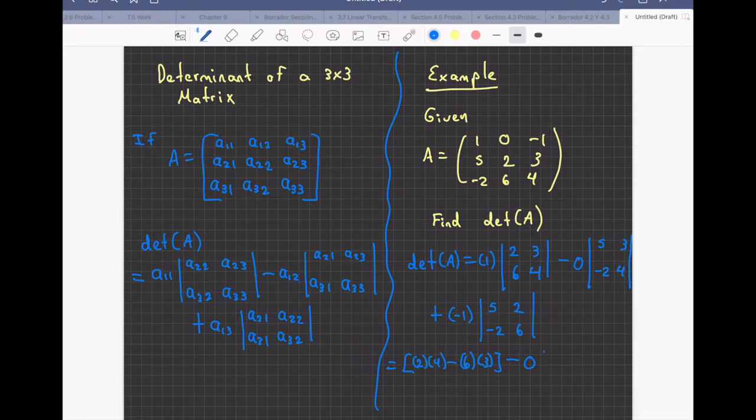Minus 0 plus, I think I can here, positive times negative is negative. So we have minus the determinant, 5 times 6 minus negative 2 times 2. And this is equal to what? 8 minus 18 minus 0.